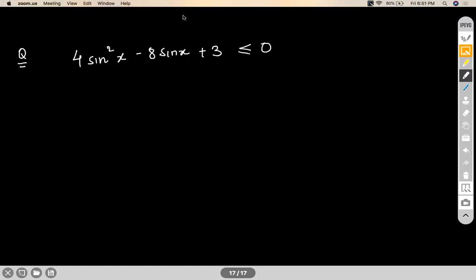Yeah, Gurman. Do you have any doubt with that? Any questions you have? Cos square x is 1 minus sine square x. Okay, that is fine. The result will not change. Is the result changing for you? Oh, okay, okay. We'll check it out after we do this question. Correct?